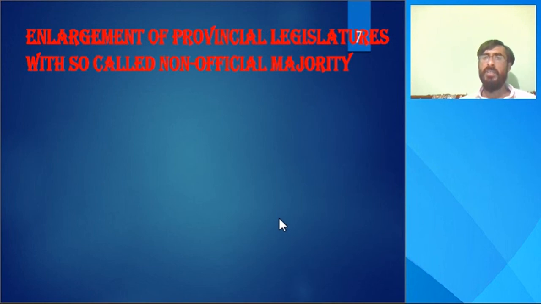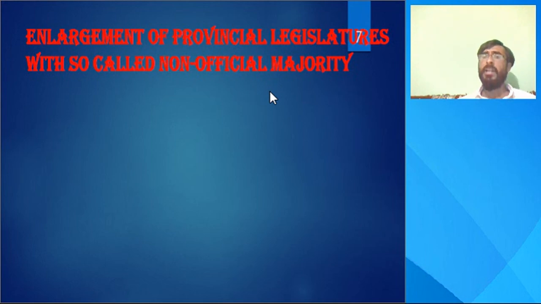Then, another feature of this act was the enlargement of provincial legislatures with so-called non-official majority. Under this act, provincial legislatures were enlarged, but their strength varied from province to province. Further, there was the majority of non-officials, but in reality, it was the officials who dominated these legislative assemblies.